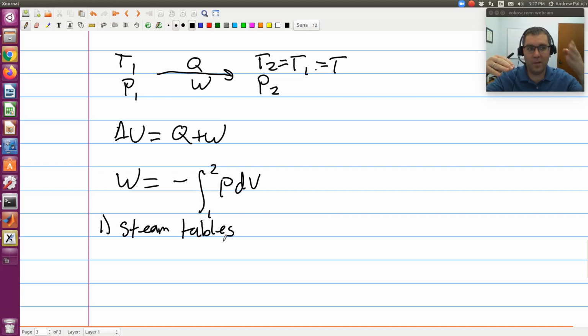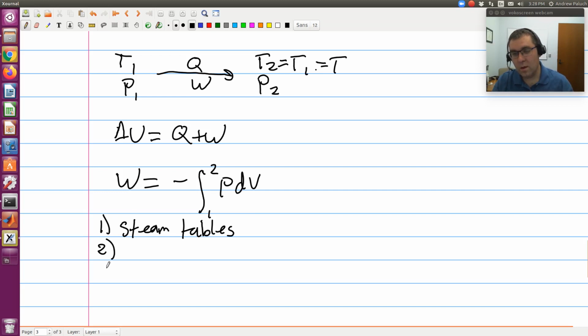So what we would tabulate is volume as a function of pressure at that constant temperature column. So at constant temperature, we would tabulate data for P versus V, and then we would numerically integrate it. So with the steam tables, you would tabulate PV data and numerically integrate.